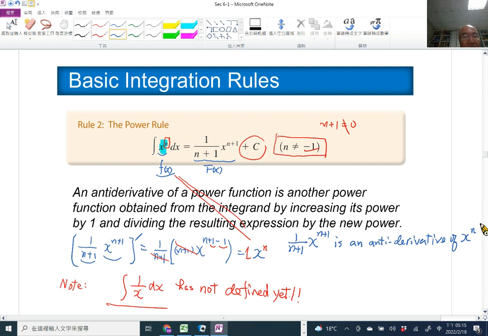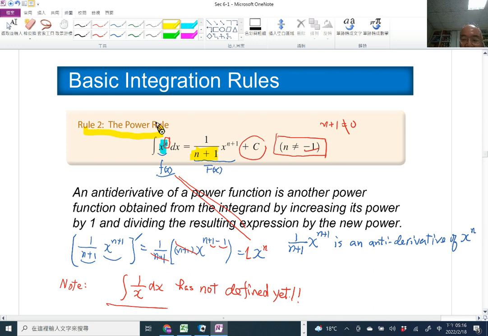And in this expression, we notice that n plus 1 is in the denominator. And that means you are not able to have n equal to negative 1, because when n equals negative 1, then you have 0 in the denominator. That means the power rule for the basic integration rule will not apply when n equals negative 1.